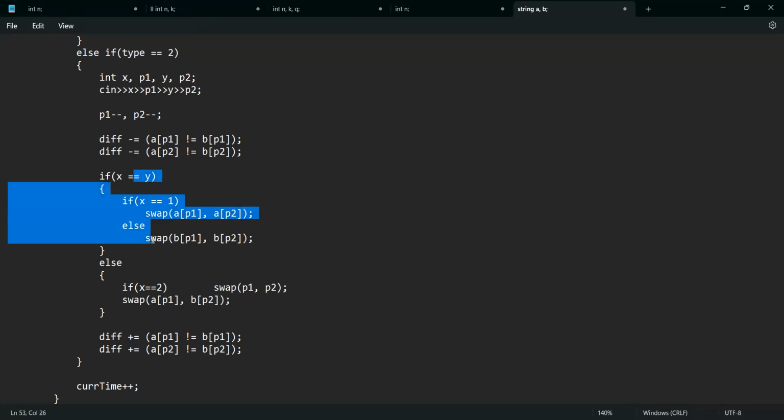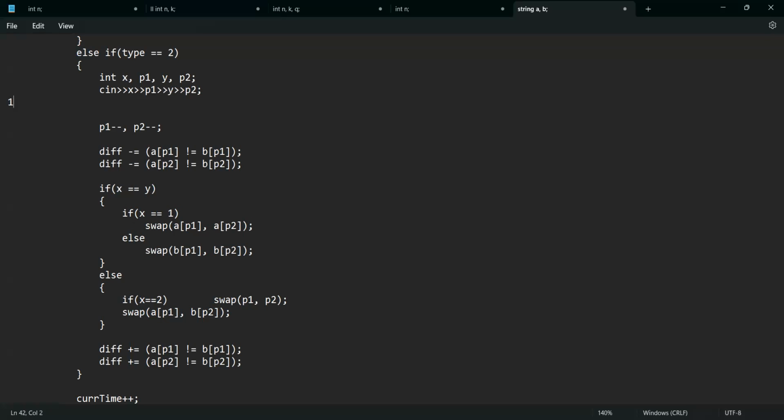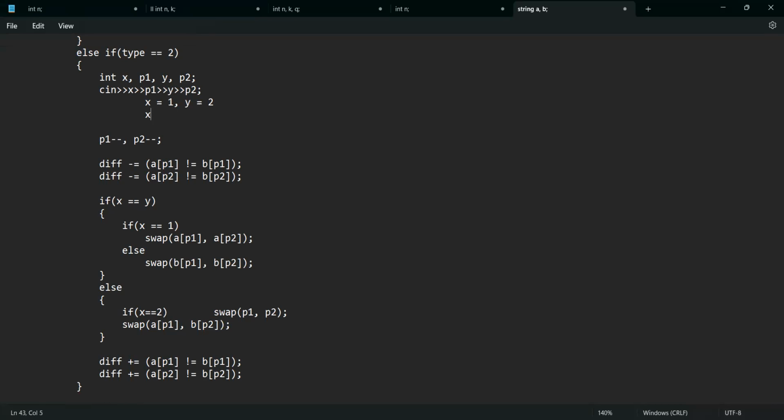So if x was not equal to y, that means I have to swap between two different strings. Either my x can be 1 and y can be 2, or it can be the other way around also. In the problem statement, it's not given that x will always be less than or equal to y, so this can also happen, right?